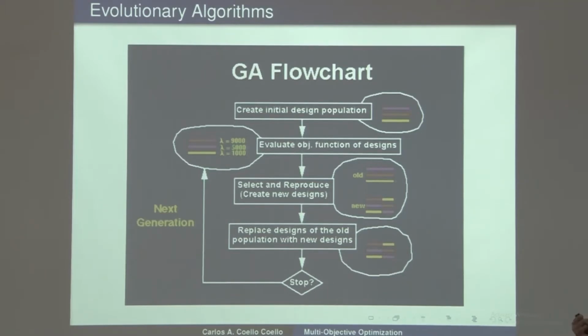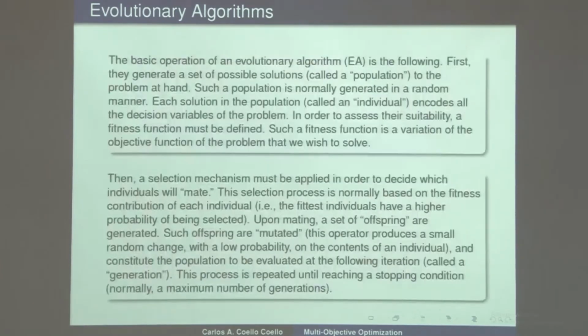It could be worse, but it's not going to be better anyway. So you can create new designs using this reproduction, and then these designs will eventually improve the fitness of the whole population, and you keep doing this until you decide to stop. There are some criteria for stopping, and also many variations of this.